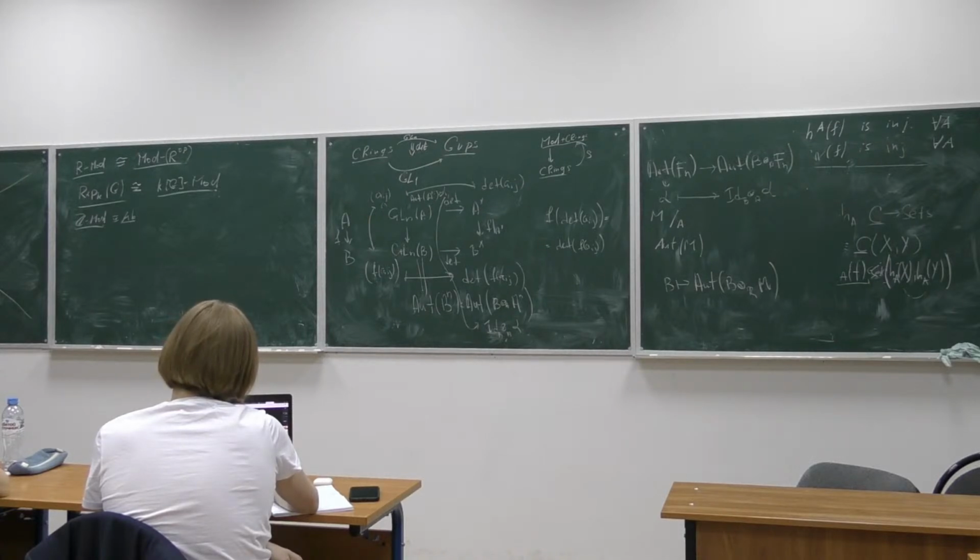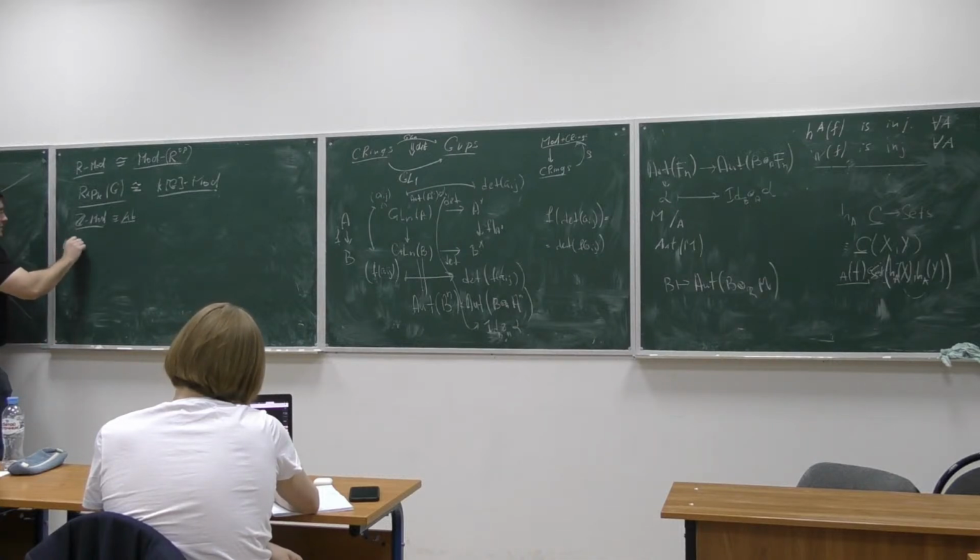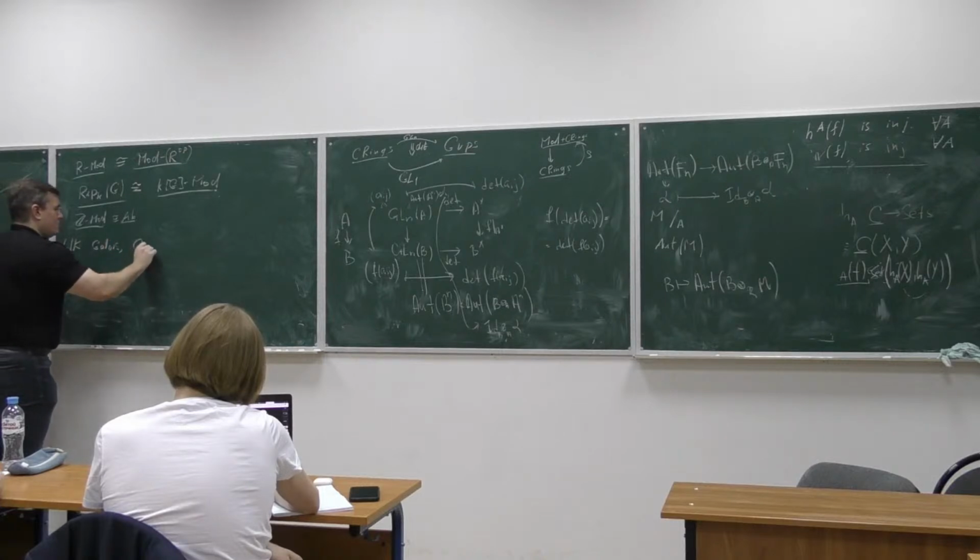How about Galois theory? Well, there was a category of subgroups of a Galois group and the category of intermediate field extensions. Yeah, this is a contravariant equivalence. So we can say that L over K is Galois, and G is the Galois group.